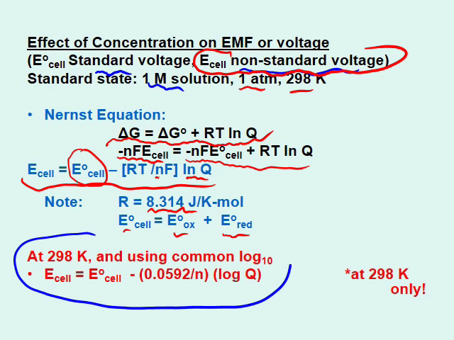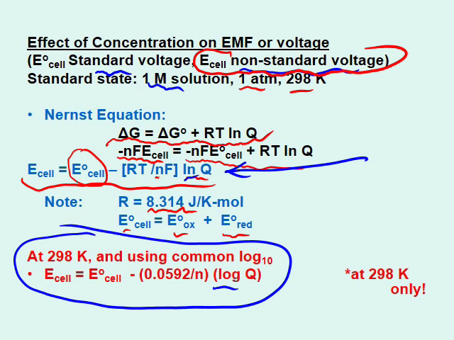this is the final form of the expression. Basically, the top equation, the one that I'm showing you with the arrow, when you plug in your numbers and T is 298 Kelvin and do the math, you end up with this: E0 cell minus 0.0592 divided by n log of Q. This time it is log base 10.